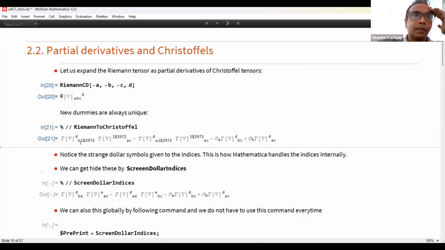For example, this index B1 $2972 is here, 2972, etc. But this is not good for us. Maybe it's good for the machine, but not for us. So we can get rid of them by using the command ScreenDollarIndices. Now you see the same expression looks much cleaner for us.